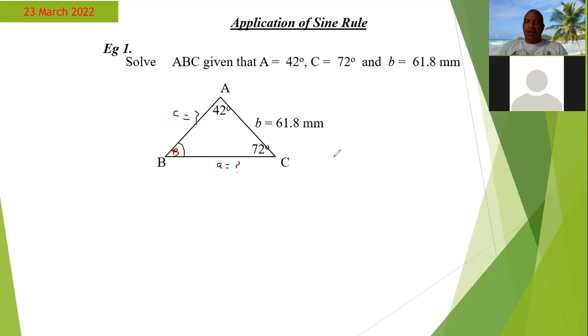What is pretty much the easiest thing to solve here would be the angle B. Can somebody calculate and tell me what the angle B is supposed to be? Can somebody tell me how we can solve for the angle B?